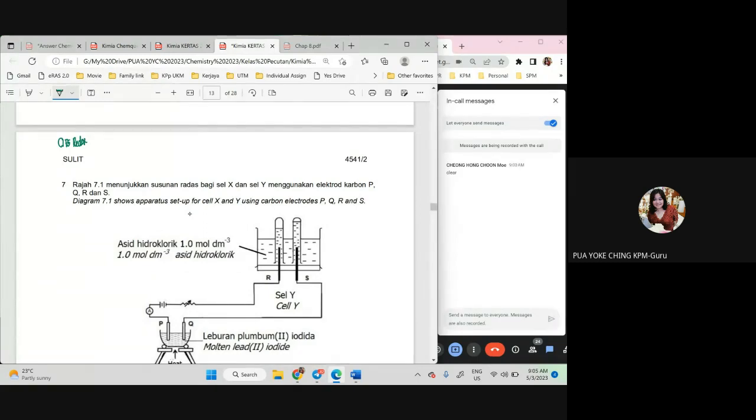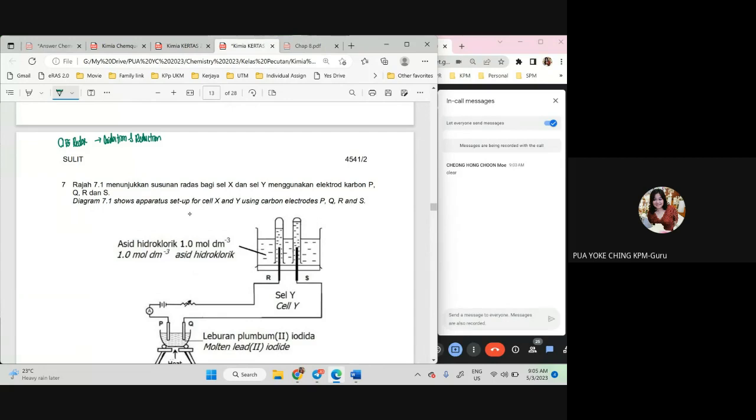Redox. Okay, it's a very big topic where at the beginning you will learn what is oxidation and what is reduction. Okay, so you need to revise back all the definitions of redox, oxidation and reduction. Okay, ada definition yang akan tanya, biasa dia akan tanya what is redox.